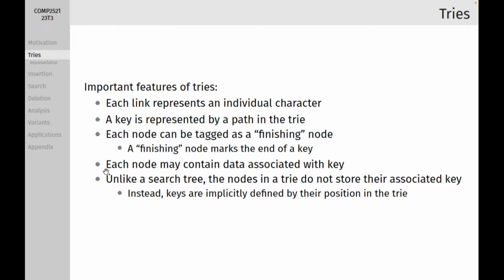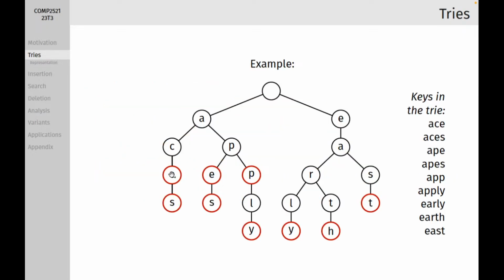An important thing about tries is that, unlike a search tree like an AVL tree, for example, the nodes in a trie do not actually store their associated key. For example, this node here corresponds to the key ace, but the node itself wouldn't actually contain the string ace.